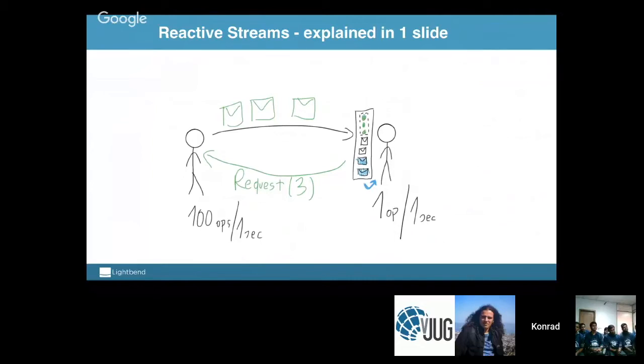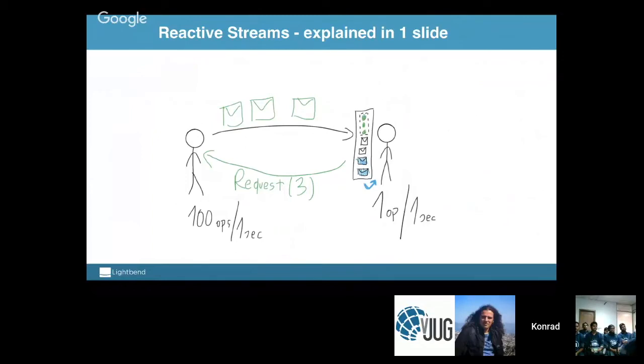So basically, the Reactive Streams protocol says, okay, let's assume I have some buffer space, and you always have some buffer space in practice, and you know how much space you're willing to buffer. You send a request to your upstream, which says basically, I request 3 elements, and then the upstream is allowed to send you up to 3 elements. And whenever they send an element, the permit is used up.